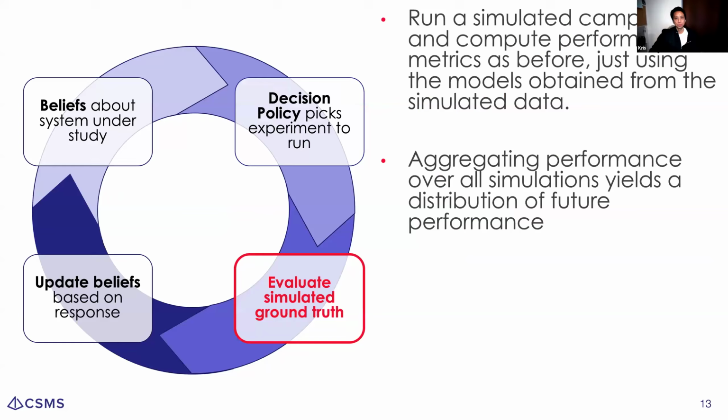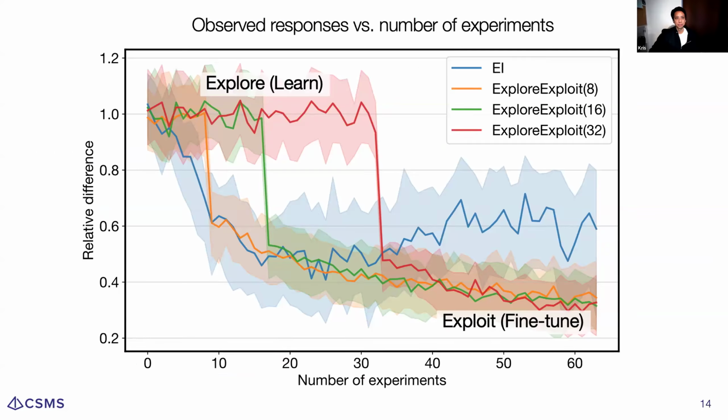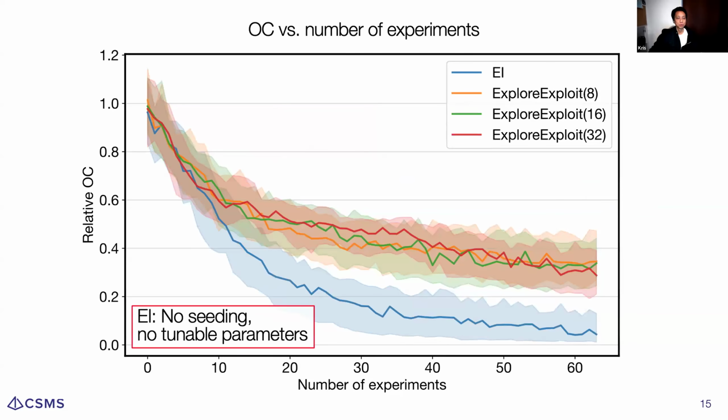You end up getting plots like this, where you're saying, if I were to run 60 more additional experiments with different policies, instead of actually running those experiments in real life, I could simulate running them. You could use this to, for example, select what policies to actually implement.